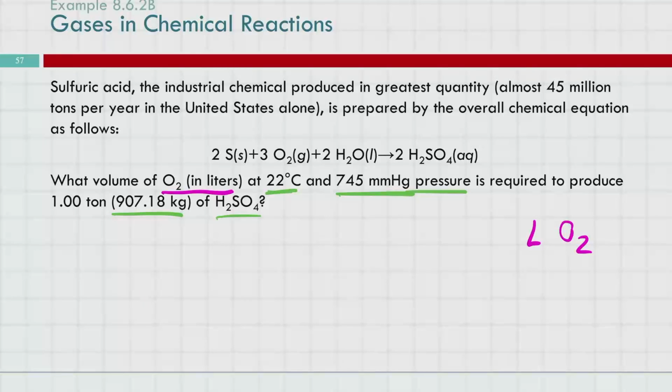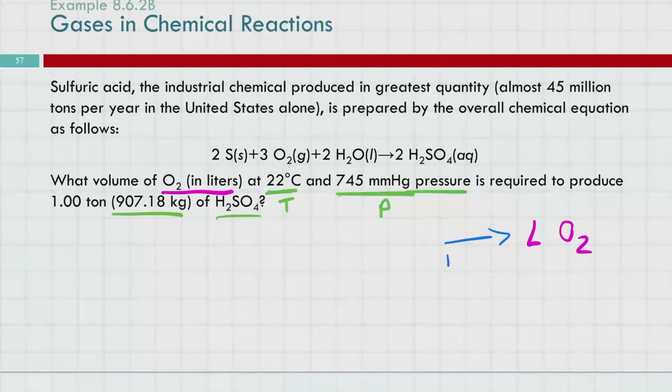We were given temperature. We were given pressure. So we've got pressure and temperature. We're looking for liters. What's an equation that we might use that involves those three things? Yep.